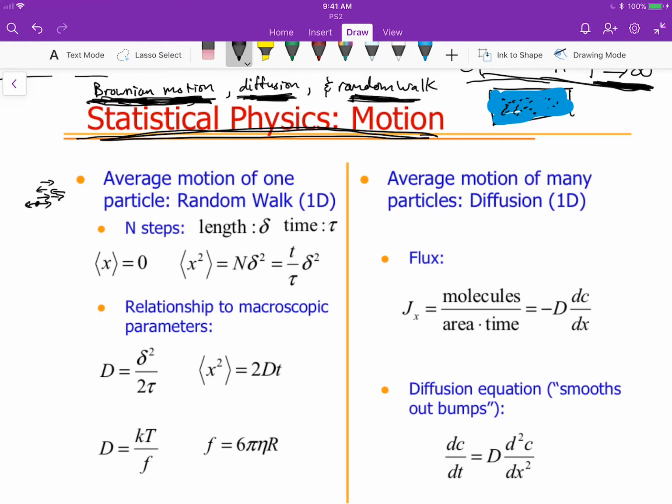It's random which way it goes, based on just a random step size, this little delta here, and each step is done at some period of time tau. So it takes a step at tau, like maybe tau is a second, so it takes a step at 1 second, then a step at 2 seconds, and each of those steps is the length of this little delta. That's a different delta than our triangle-y delta, but that's also called delta.